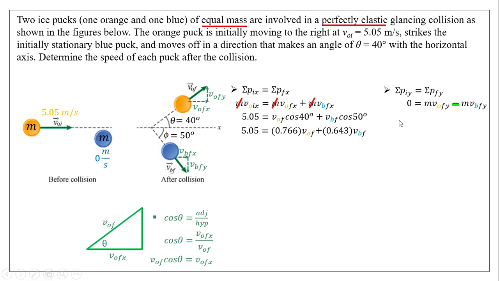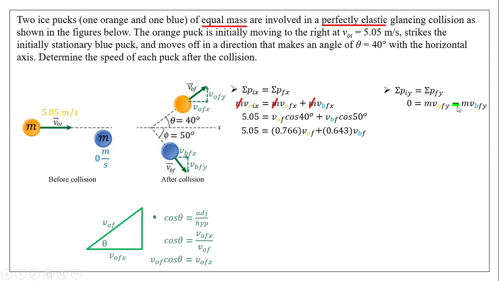Okay. So in my statement here, the net momentum in the y direction initially is just 0 because nothing was moving in that particular direction. In the final frame though, I have this orange puck that has a VOFY component, and then likewise I have a VBFY that is moving downward. So you notice here in my work, instead of adding, I'm actually just going to go ahead and subtract because I know VBFY is pointing down.